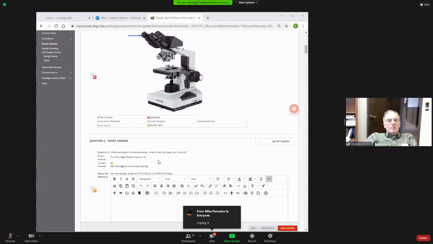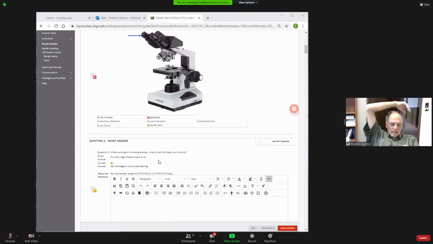Now, this question and also the one that is what is the second thing you do? I usually tell students to turn off the light, unplug it, then drop the stage, take off any slides, rotate the objective to the lowest power of the scanning lens, and then use lens paper to clean the lenses and all.